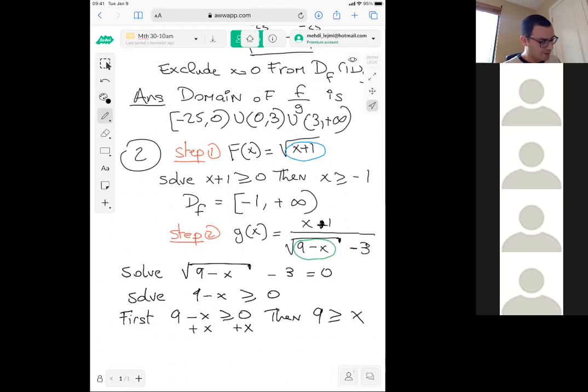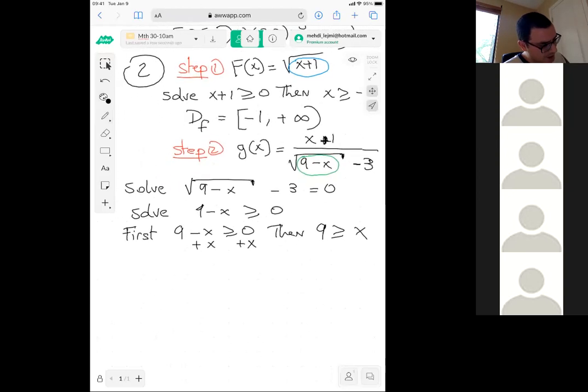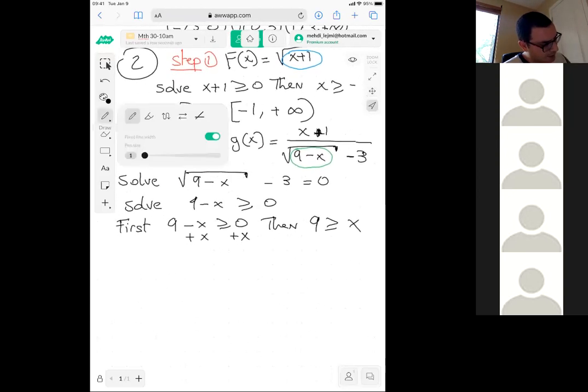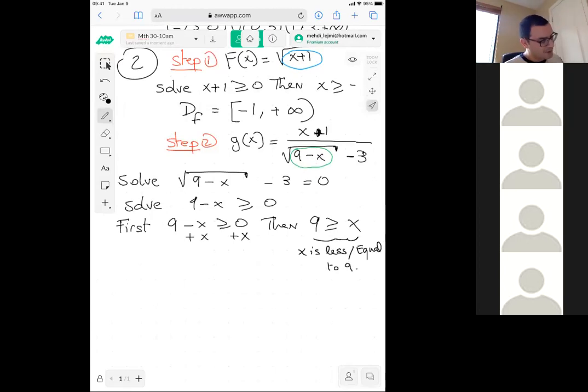So 9 is larger or equal to x, right? So your x must be less or equal to 9. So here x is less or equal to 9. All right. Now that's the first.